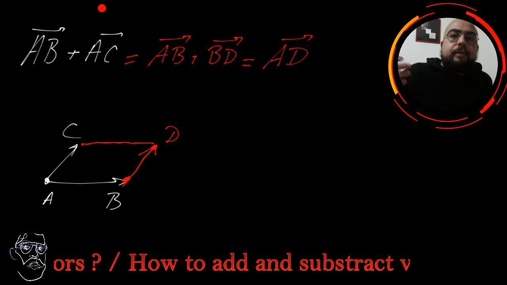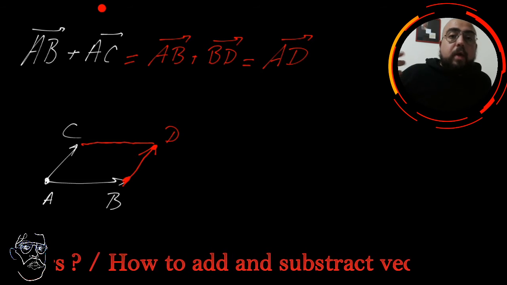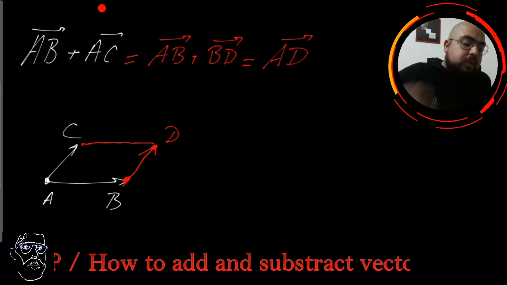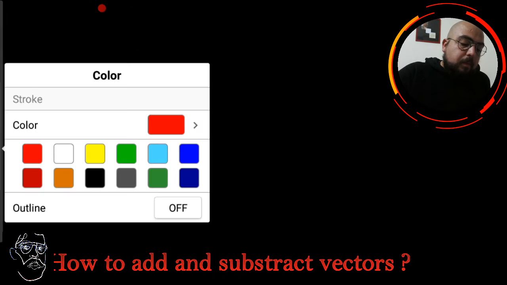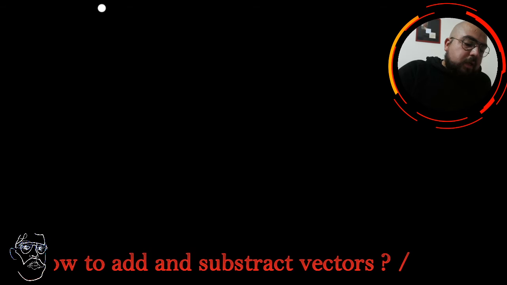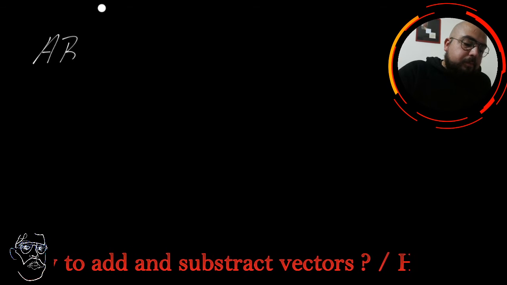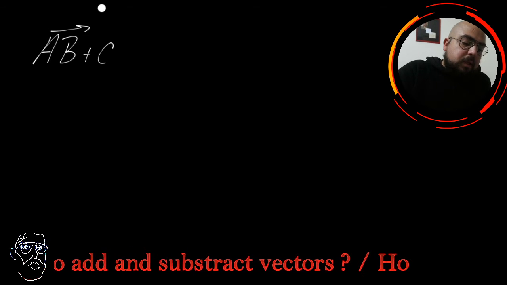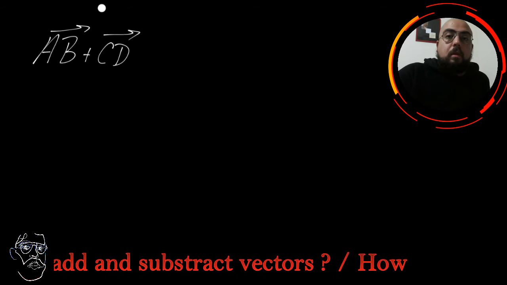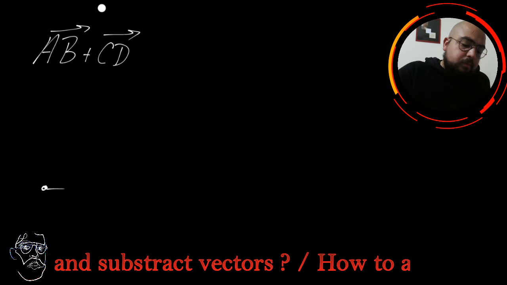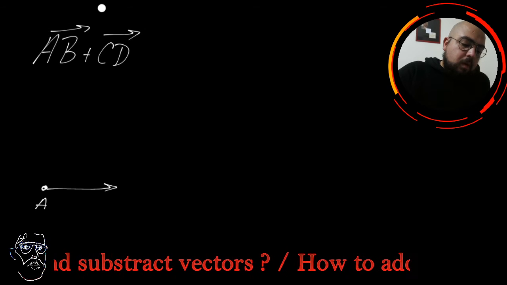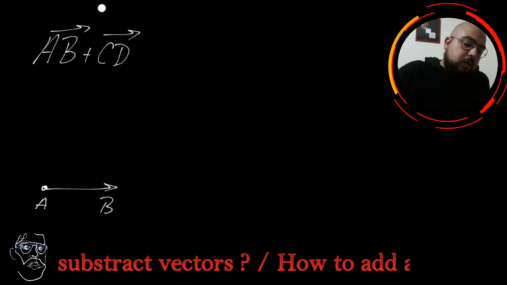In case you don't have the addition of two consecutive vectors or vectors having the same origin, you simply choose to do a translation. So I'm going to take the general form. Let's say we have AB plus CD. In this case, this is AB and this is CD.